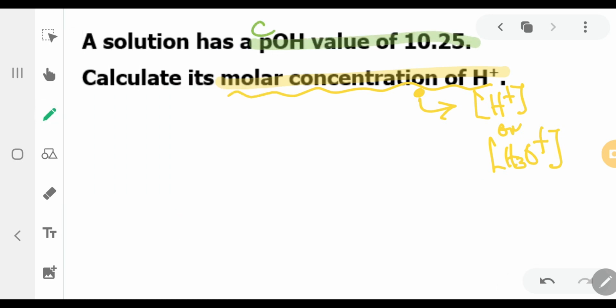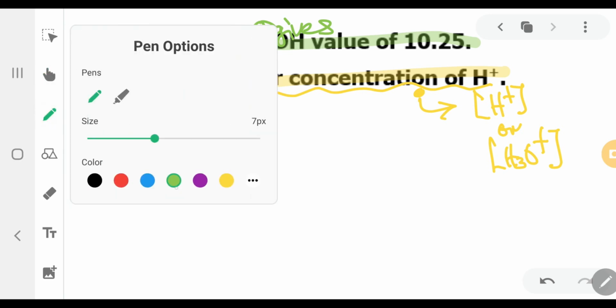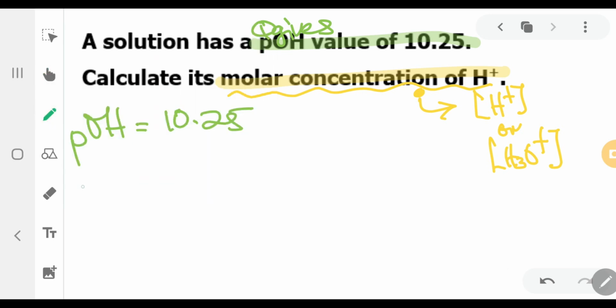So this is what the question gives. We have pOH value equals to 10.25. Okay. And we need to find the concentration of H+. So we're going to use that value to find the value of pH by using this formula.